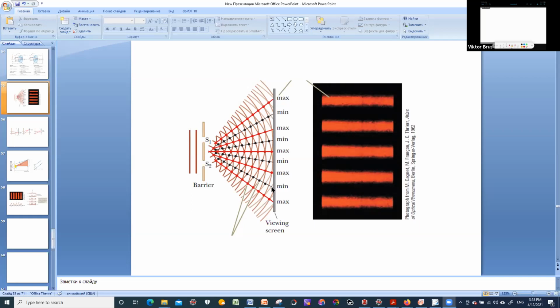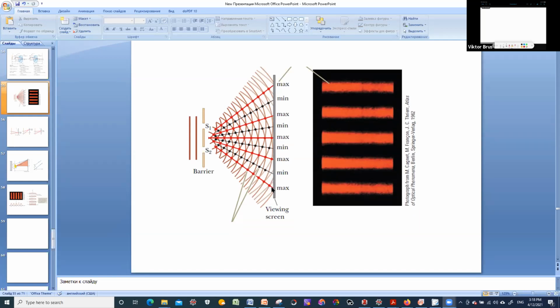We remember that the intensity of an electromagnetic wave is proportional to the square of the amplitude of the electric field. So then we will have a situation when we cannot compensate completely because one wave is more intense than another. So there could be different combinations.